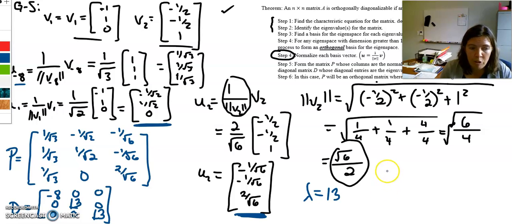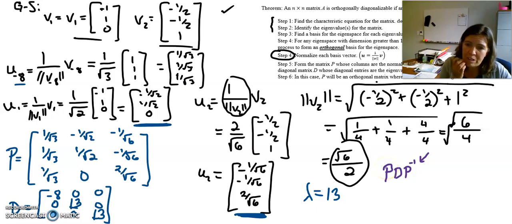But if you multiply P times D times P inverse, and you'll see in the notes that for a symmetric matrix, the matrix is orthogonal, which means P inverse is the same as the transpose of P. If you multiply those matrices out, so this matrix P times this matrix D times the transpose of that matrix, you should end up with the original matrix A.